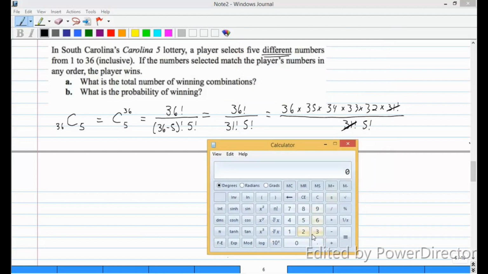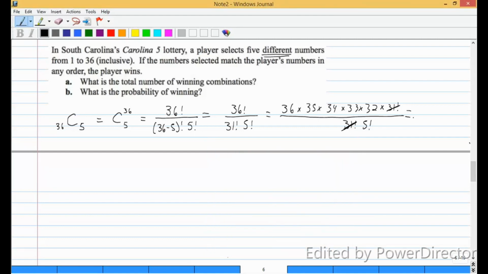Okay, so 36 times 35 times 34 times 33 times 32 equals, that's still a pretty big number, 45,239,040 divided by 5 factorial. 5 factorial is what? That's going to be 120.